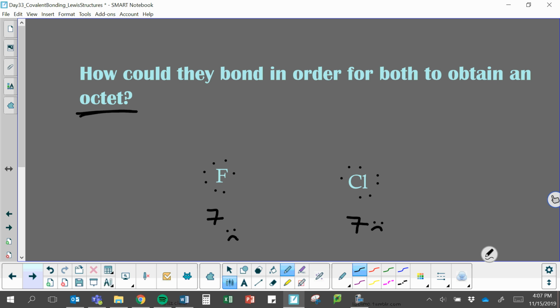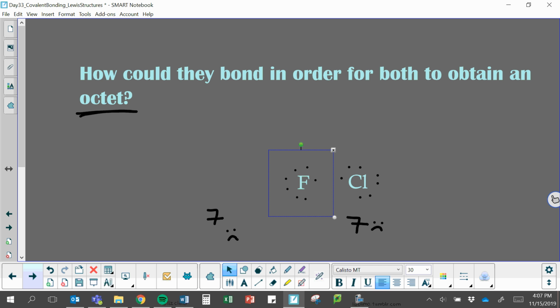So what we can do is scoot them over and actually make something called a bond. For each bond, we have 1 electron from fluorine, 1 from chlorine, and they make a bond connecting those 2 atoms.